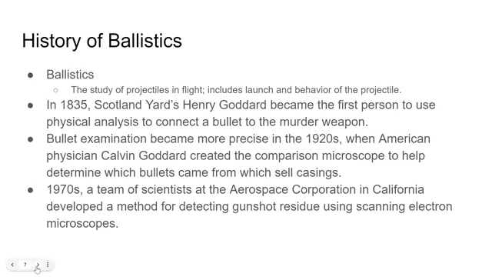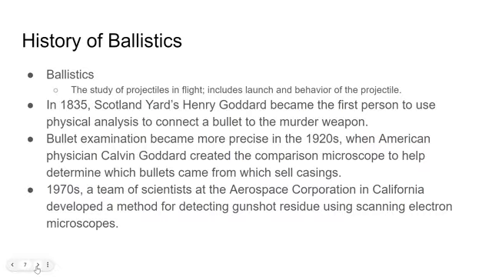And then in 1970, a team of scientists at the Aerospace Corporation in California developed a method for detecting gunshot residue using a scanning electron microscope. So what we can see here is that with the development of several different types of microscopes, we're able to study and further analyze smaller and smaller evidence each time.